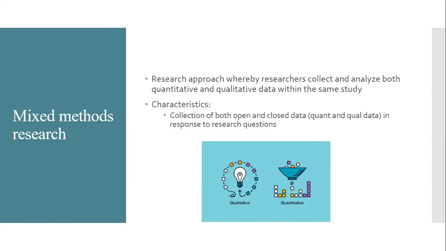Are those relationships matching up with the relationships that we saw in the qualitative data? A lot of mixed methods research is doing both and then trying to bridge the two by comparison, right? Are the topics and the conclusions that we're coming to with one matching up with those we're coming to with the other? And if not, why not?